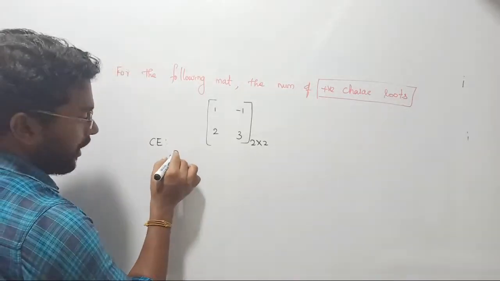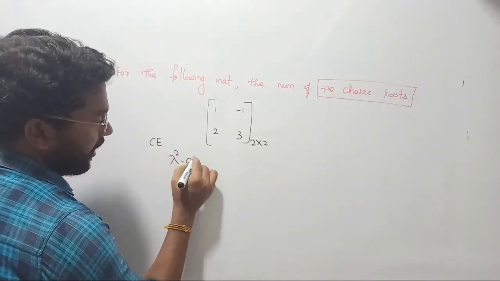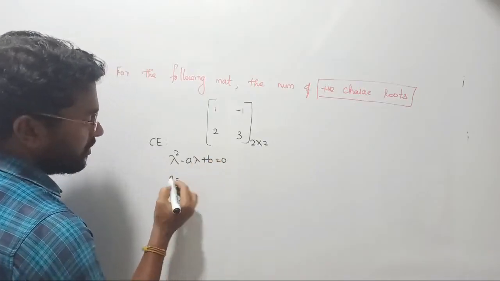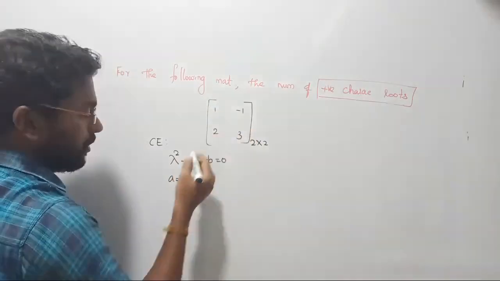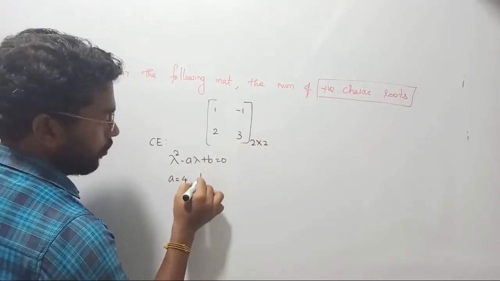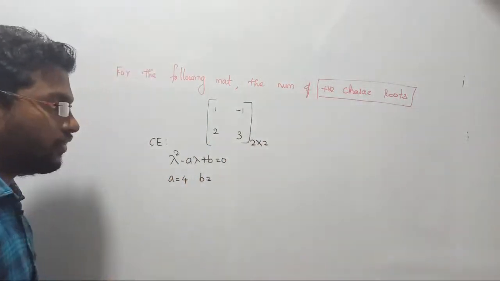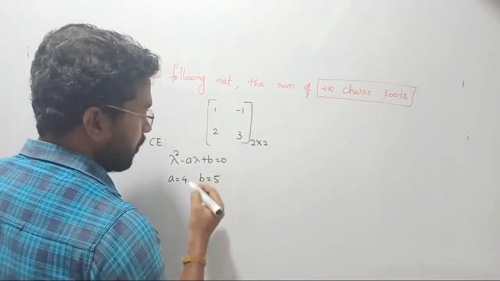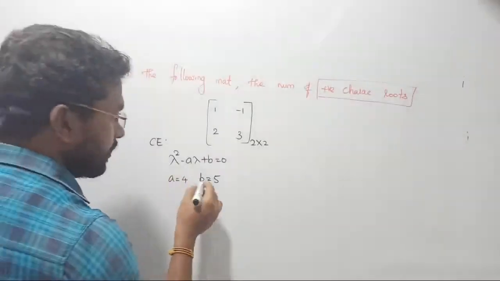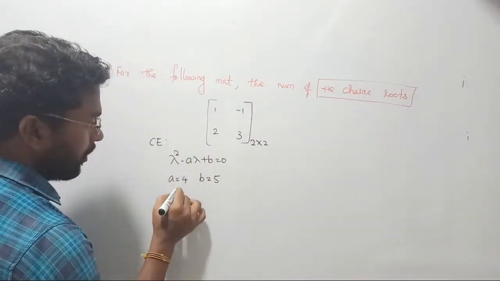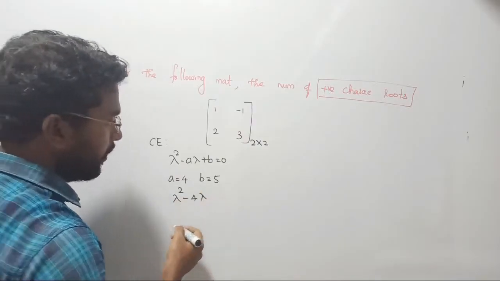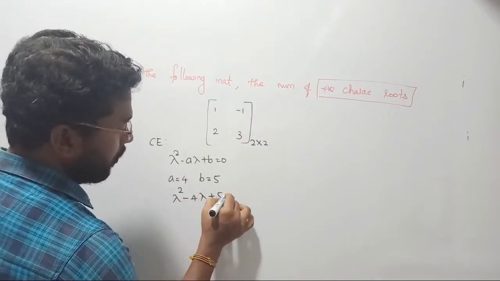It becomes lambda square minus A times lambda plus B equal to 0, where A is the sum of the diagonal, that is 1 plus 3 equal to 4. B is the determinant of the matrix, that is 3 minus of minus 2, which is 5. Substituting, it is lambda square minus 4 lambda plus 5 equal to 0.